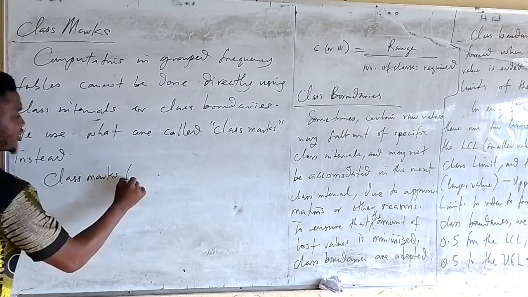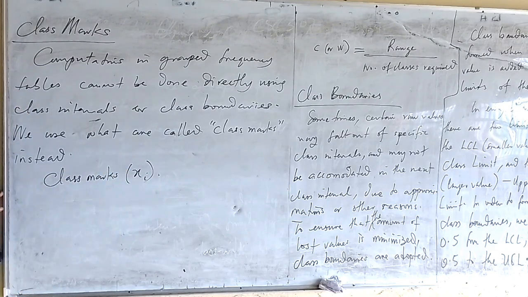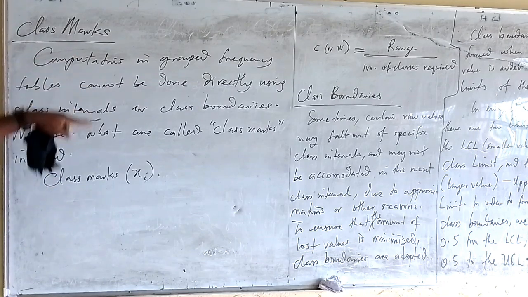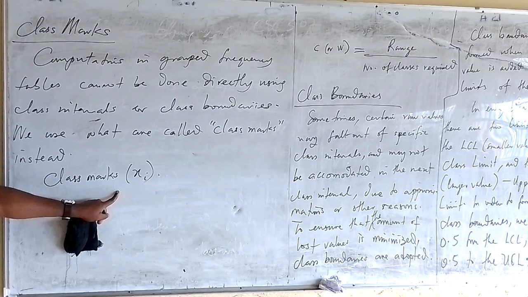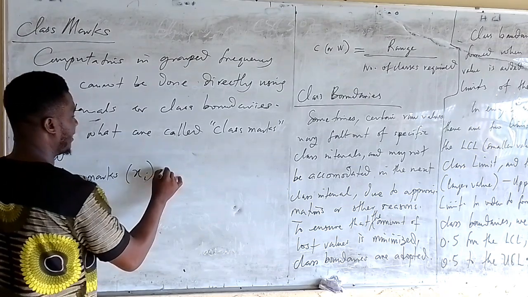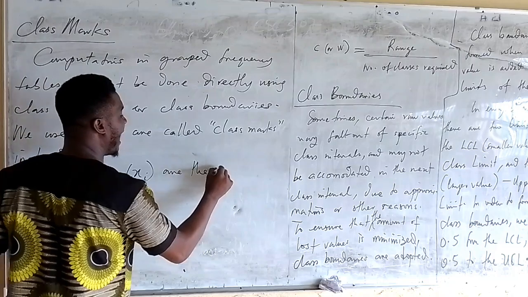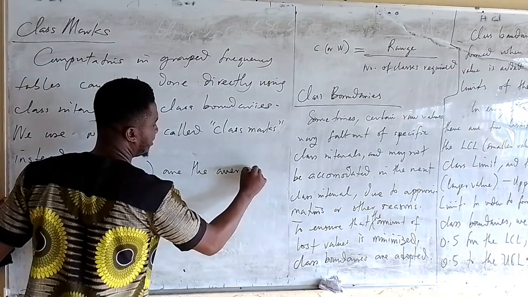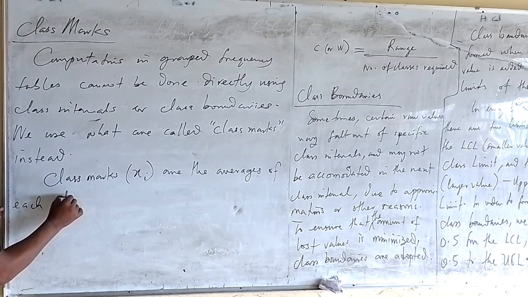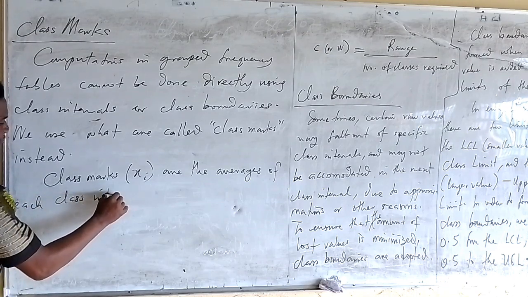Next paragraph. Class marks are now represented as your xi. Is it clear? In group frequency table, your xi are now class marks. So class marks xi are the averages of each class interval.